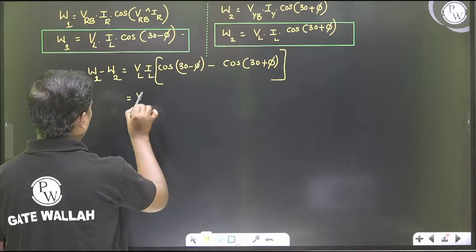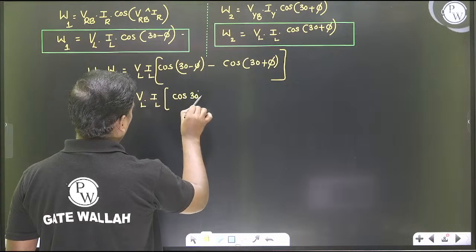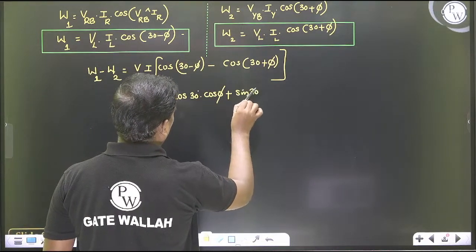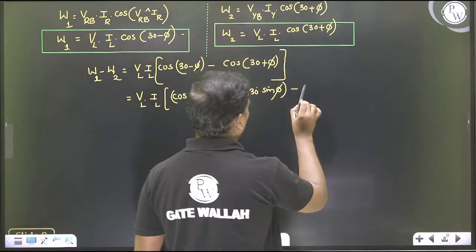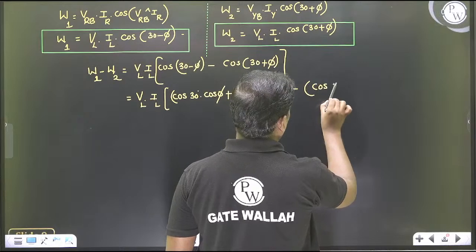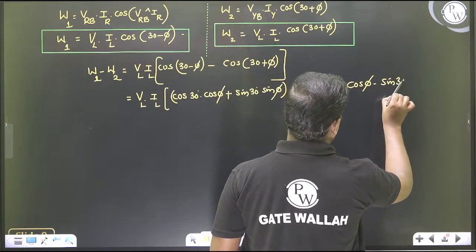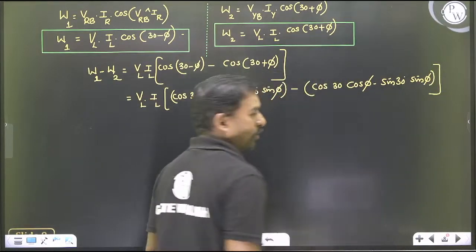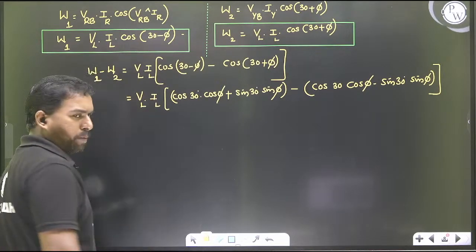So I can take it as VL times cos A cos B plus sin A sin B minus cos A cos B minus sin A sin B. What happened? Are you getting my point, my dear?